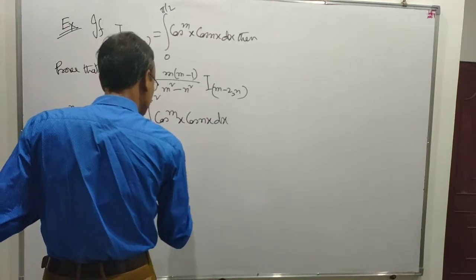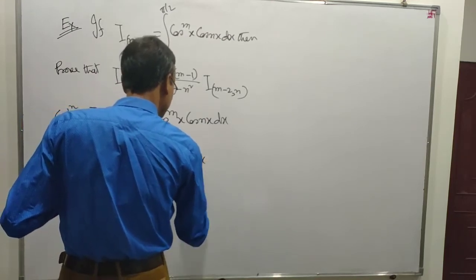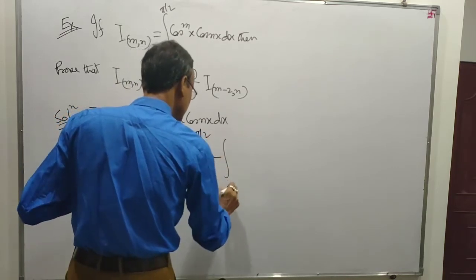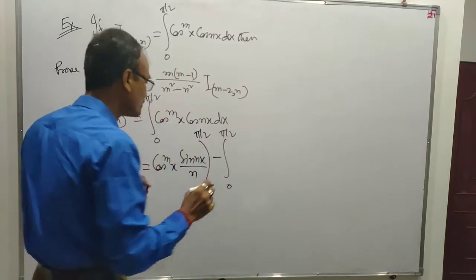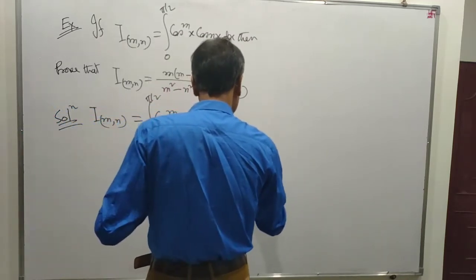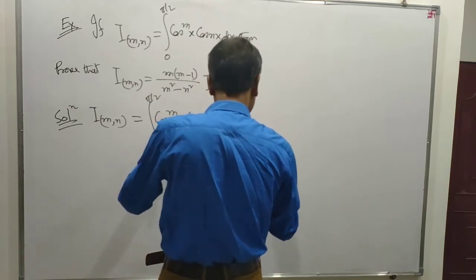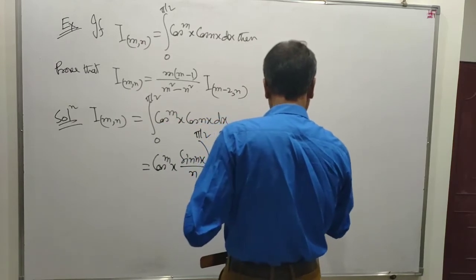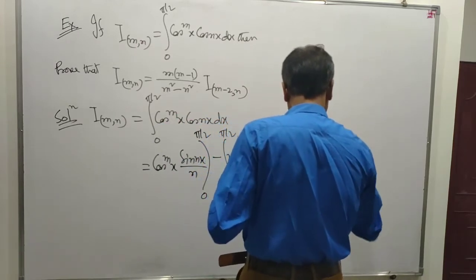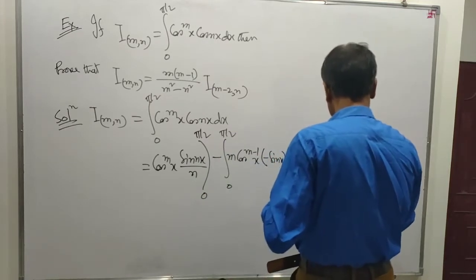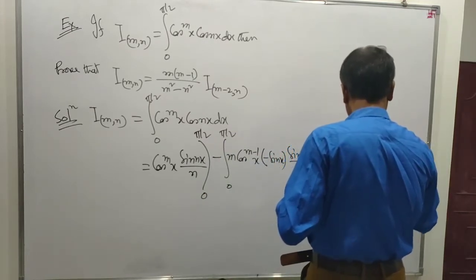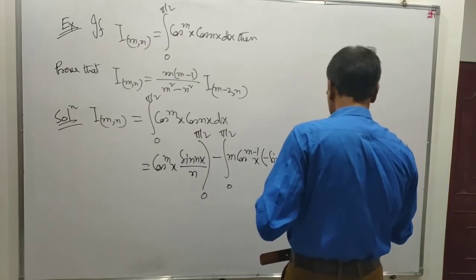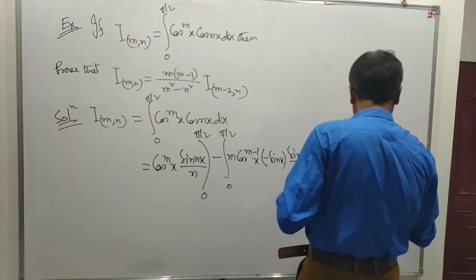Cos to the power m x sin nx divided by n, from 0 to pi by 2, minus the integral of the differentiation of the first function, m cos to the power m minus 1 x, the differentiation of cos x is minus sin x, into sin nx divided by n dx.